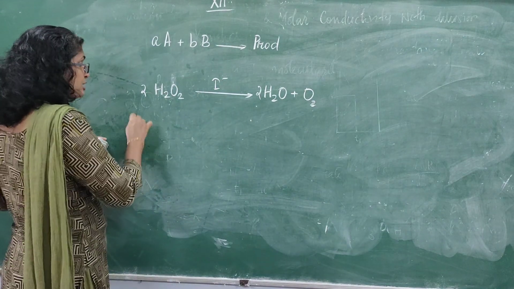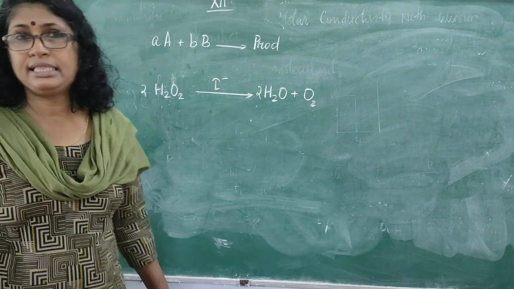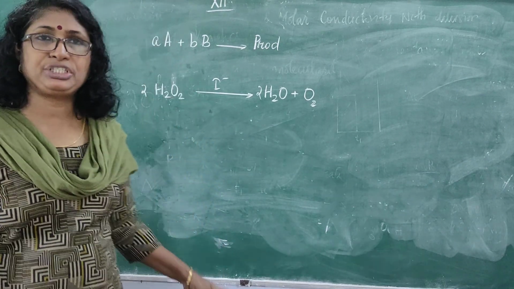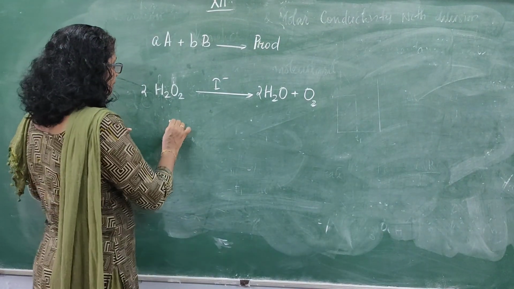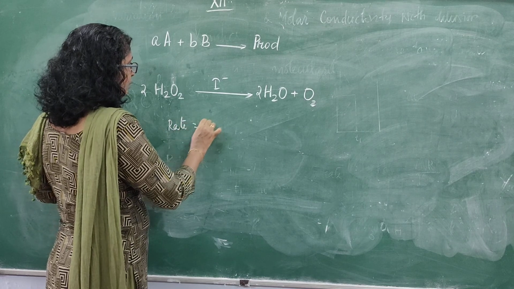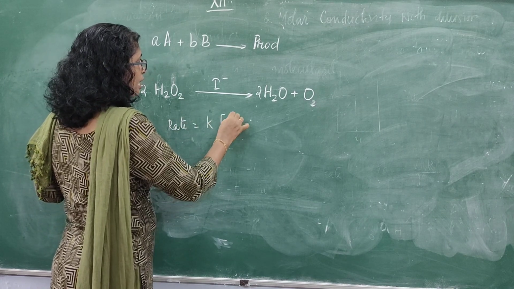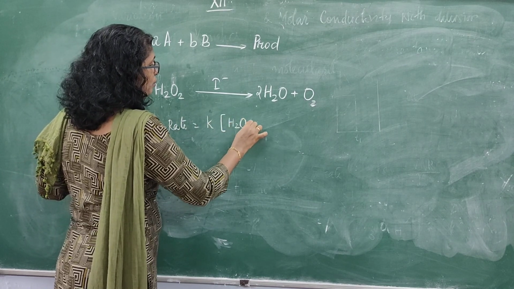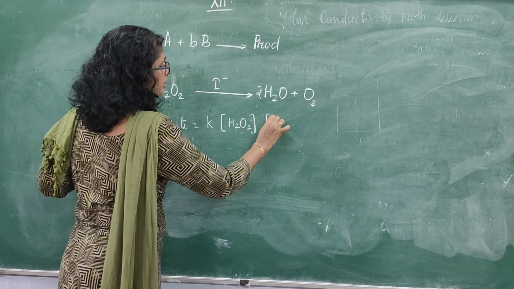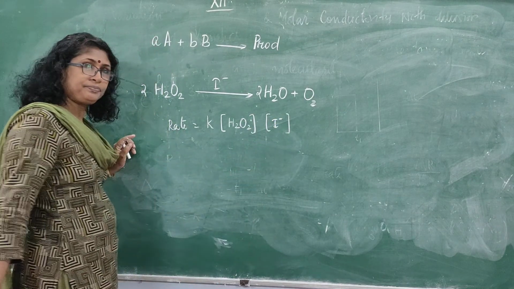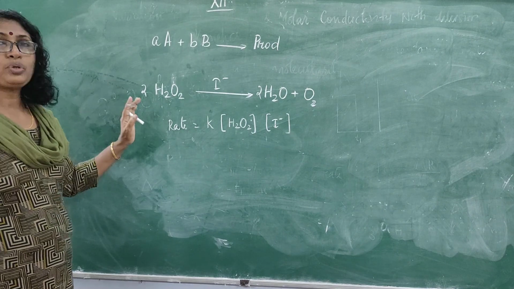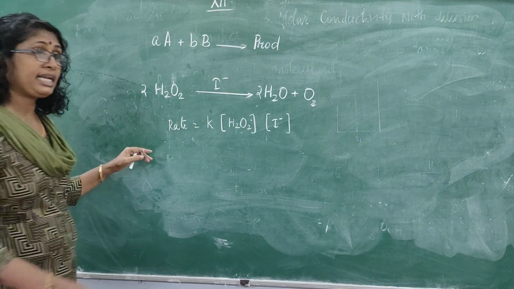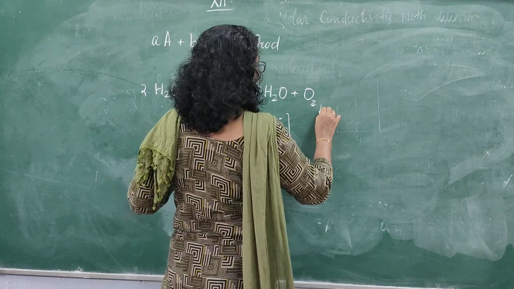Now, experimentally we determined the effect of concentration on the reaction rate. We have seen that rate is equal to K into the molar concentration of H2O2 into the molar concentration of I minus. Actually, according to collision theory, what must the rate be?